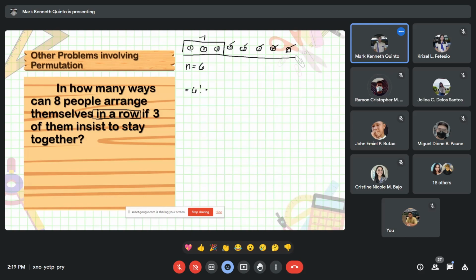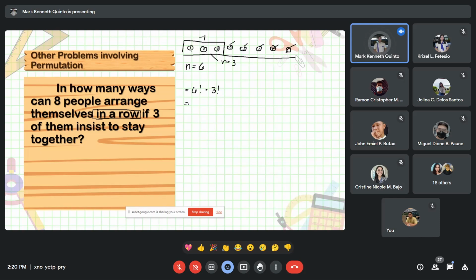Meron pa, right? Kasi si 1, pwede siyang mapunta dito sa dulo. Si 3, pwede siyang mauna. Si 2, pwedeng mauna. Si 1, pwedeng nasa gitna. So therefore, meron pa silang arrangement. Since tatlo sila, their n is equal to 3. Therefore, we have to multiply 3 factorial.